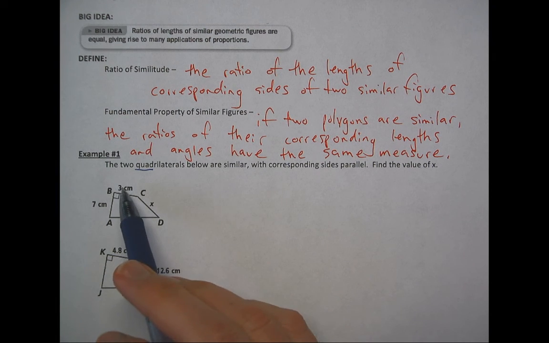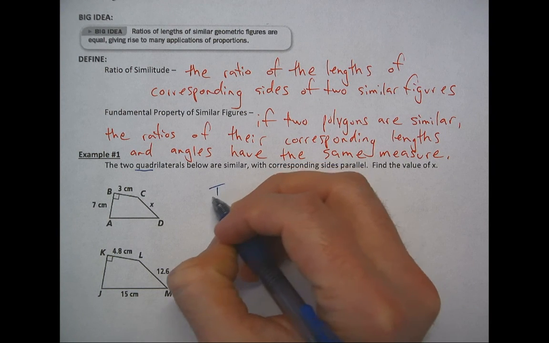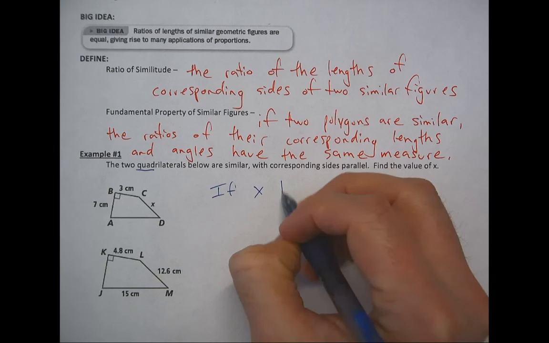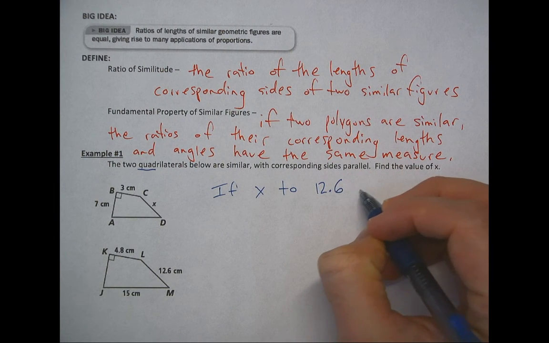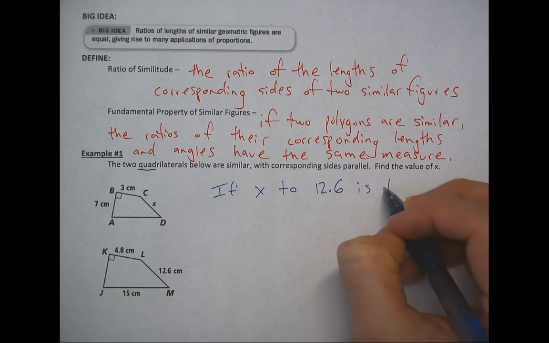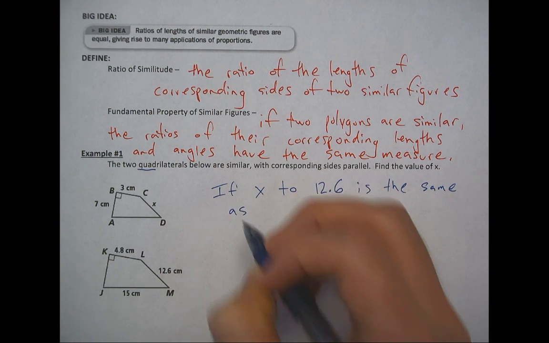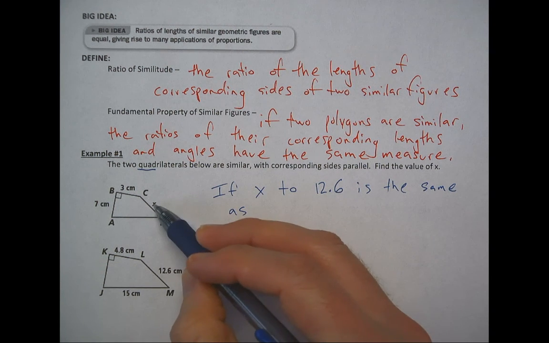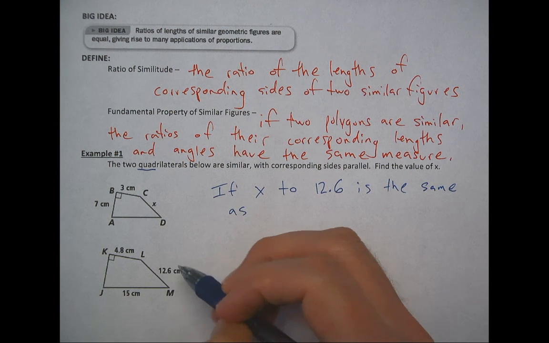So we can kind of set up a sentence here. If x to 12.6 is the same as, so notice where I started. I'm comparing the two corresponding sides that has the variable because that's what I need to solve for. So x compares to 12.6.